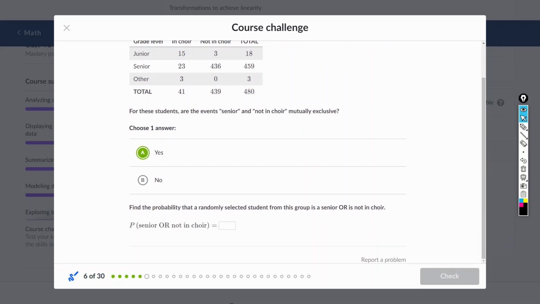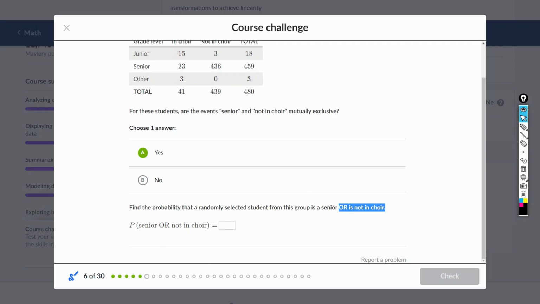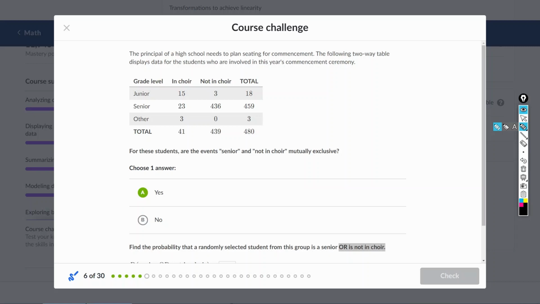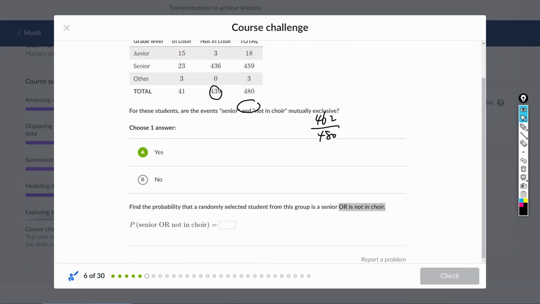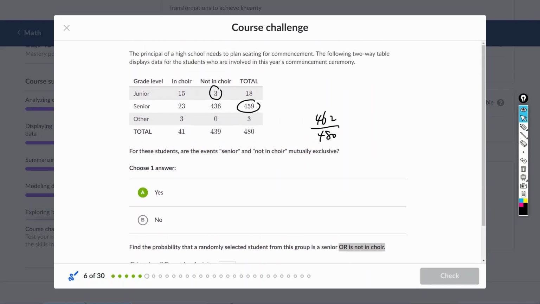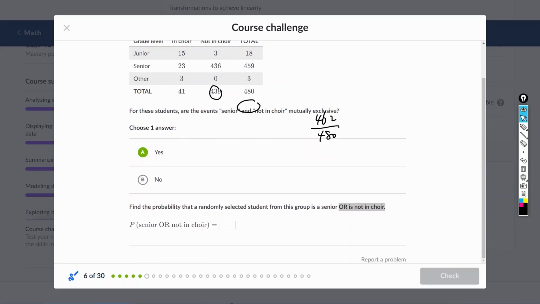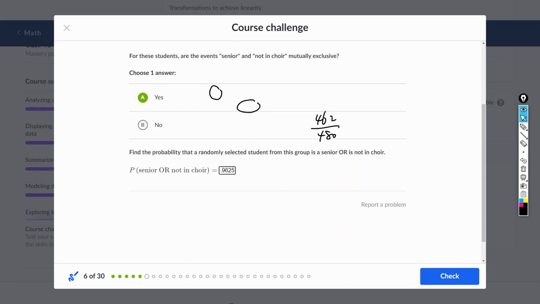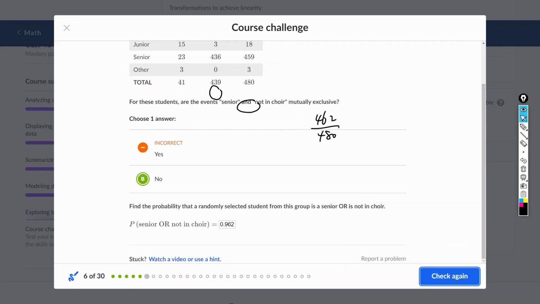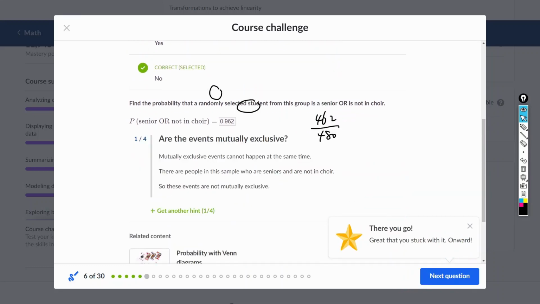Find the probability that a randomly selected person from this group is a senior or not in choir. 它是 senior 或者 not in choir，加起来是462个，总共是480个，462除以480等于 0.9625。这个错了。看他解释：mutually exclusive events cannot happen at the same time.